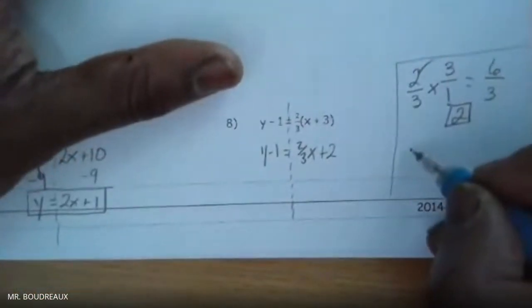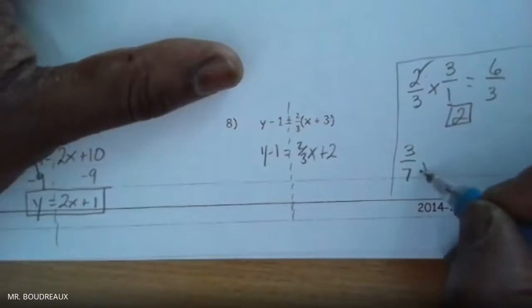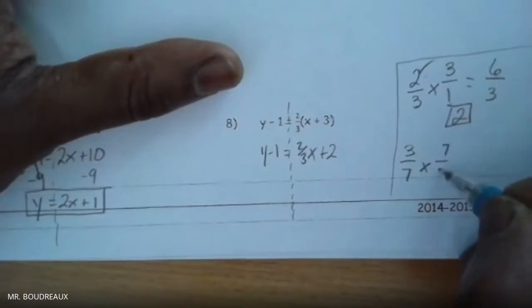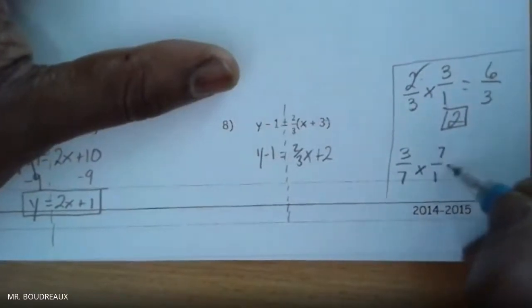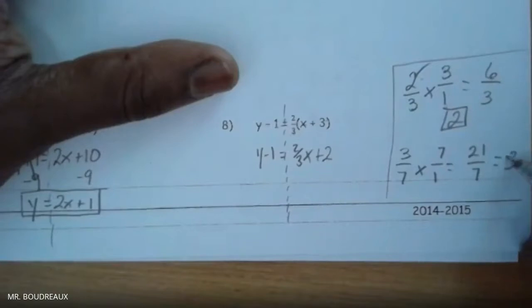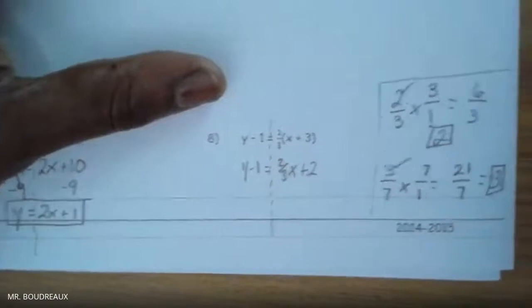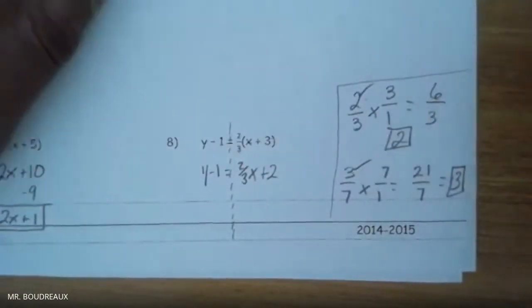We can try it again with 3/7. I'm going to multiply by the denominator, 7/1. And that becomes 21/7, which is equal to 3. Anytime you multiply a fraction by the denominator, you're always left with the numerator.